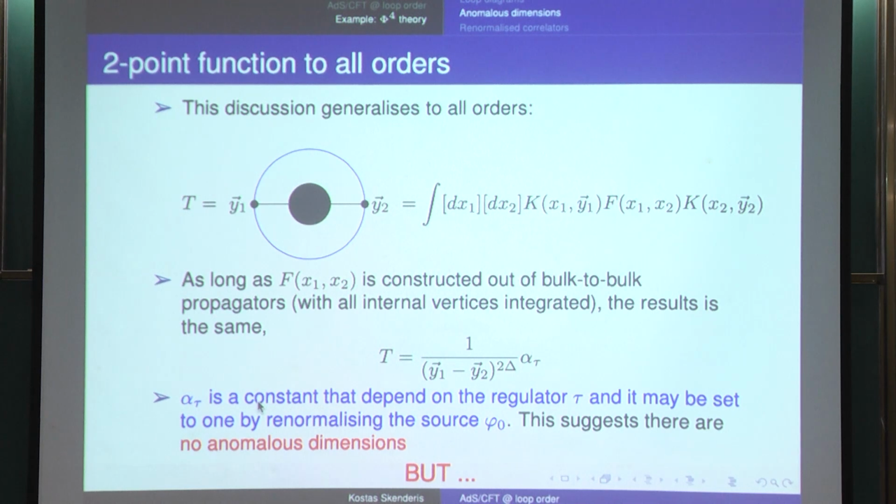Yes. So now you say that to all orders there are no anomalous dimensions, because I can always get rid of the infinities by just rescaling the source. Now, in a sense, you add an additional layer: then you're asking whether the asymptotic series is convergent or not.